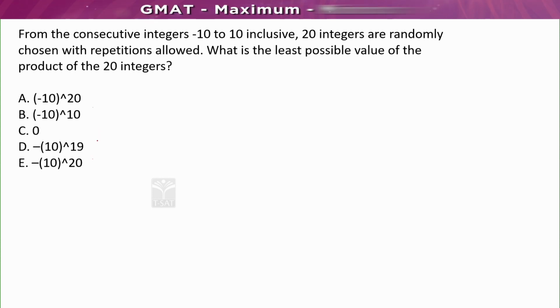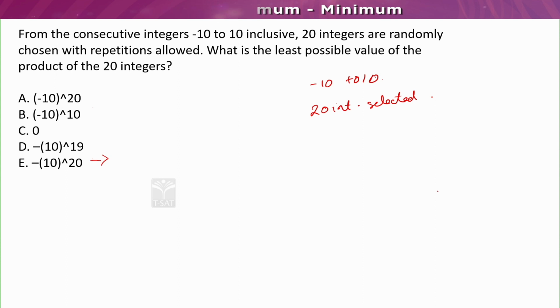Is it possible that we select integers from minus 10 to 10, 20 integers, with repetitions allowed? So you have 20 integers from minus 10 to 10.